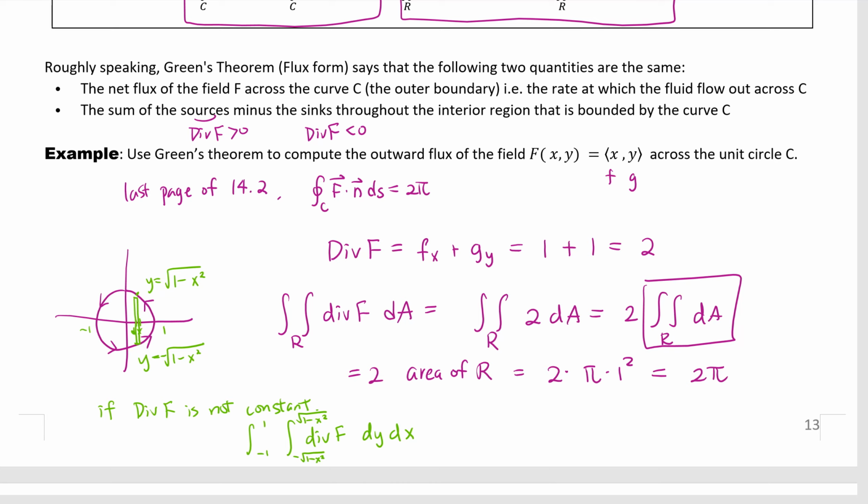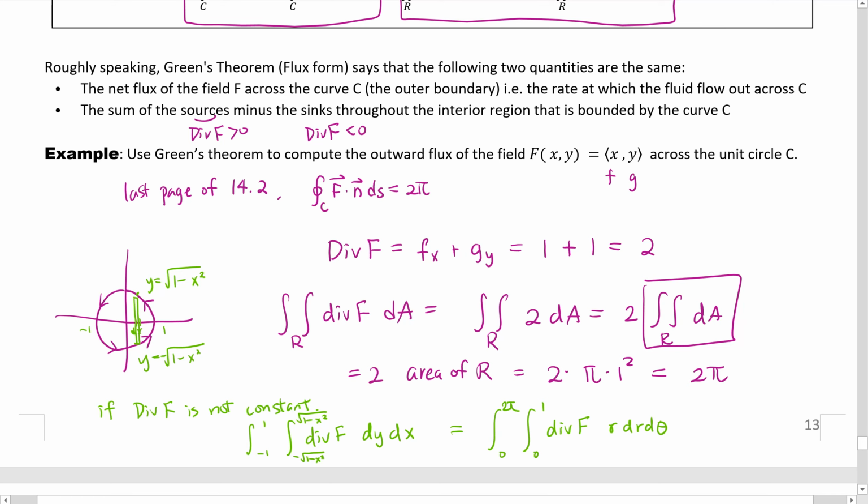Okay, so this is the double integral. If we use polar coordinates, then the area differential is r dr d theta, and r and theta are very easy: theta is from 0 to 2 pi, r is from 0 to 1. So it really depends on the divergence function. If it's not so complicated, maybe it's easier to compute using polar coordinates. So far, so good, everybody?